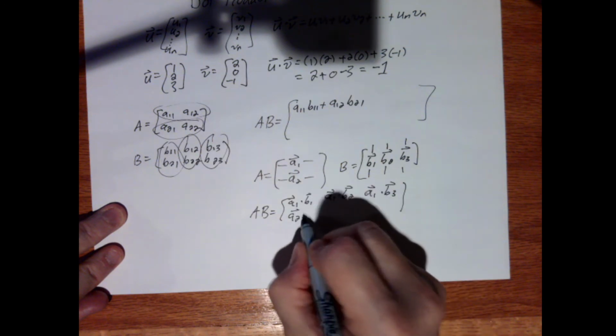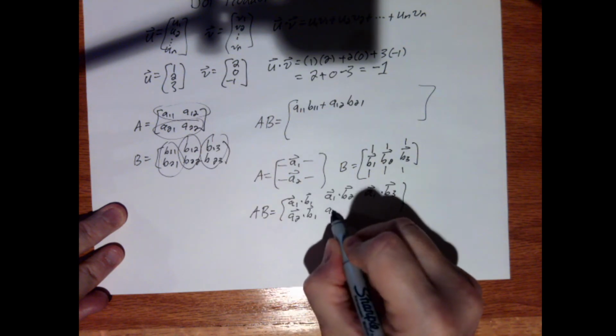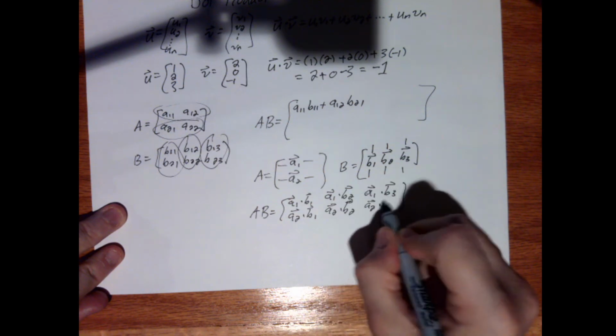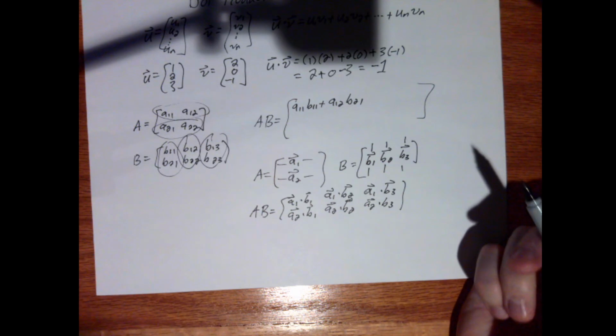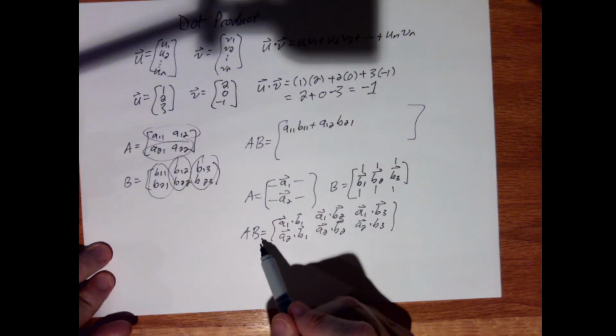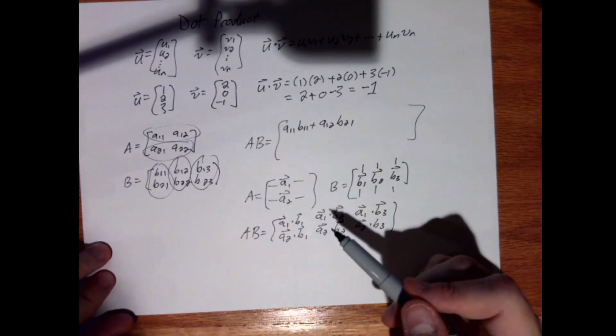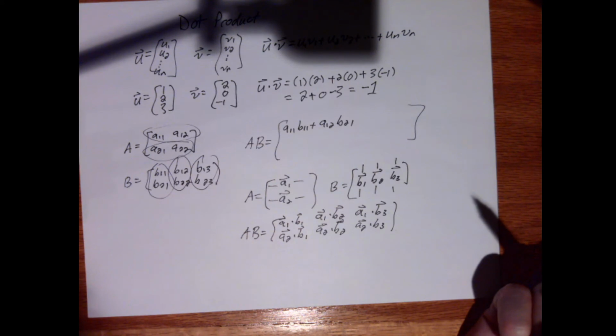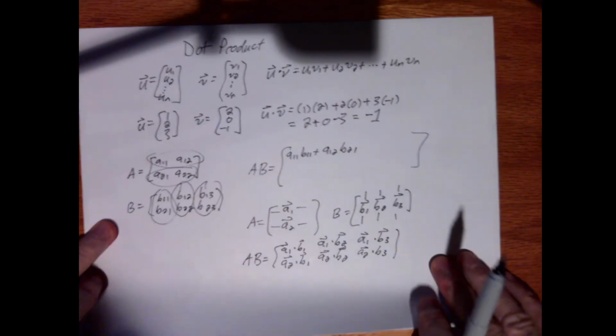So A2 dot B1, A2 dot B2, A2 dot B3. So when we've been finding the product of two matrices, at least using the way I've shown you, really you can think of it as finding a bunch of dot products. Okay? So let's look at some of the properties of dot products.